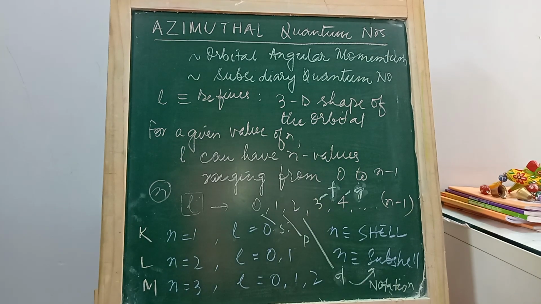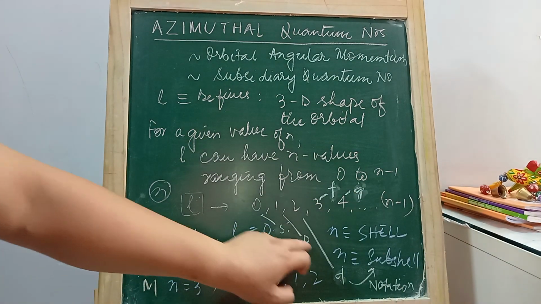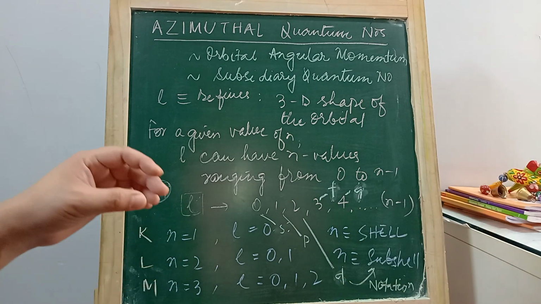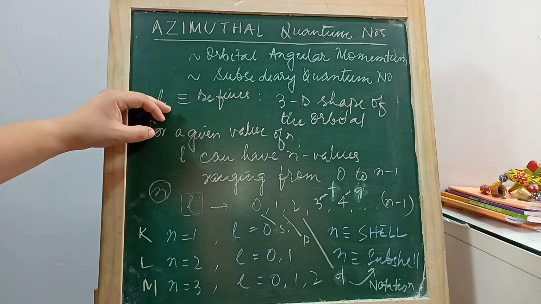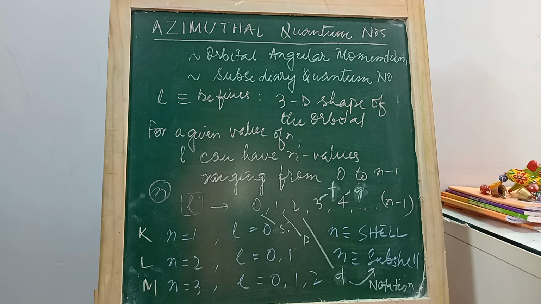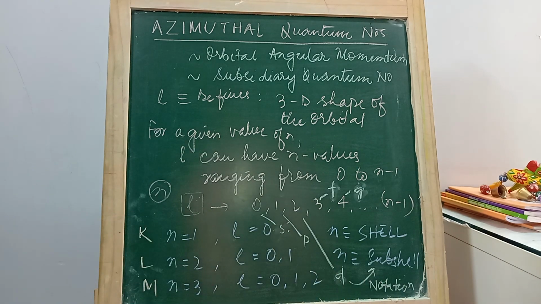So instead of writing with numbers, sometimes we use the small letters s, p, d, f, and g, and others also there, h and so on, which determine the azimuthal quantum number or the three-dimensional shape of the orbital, and it is also used to write the subshell notations that we'll learn in our next slide. Fine.